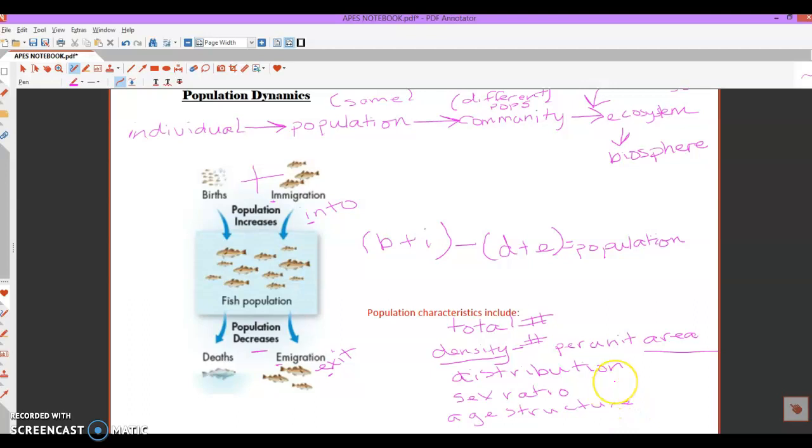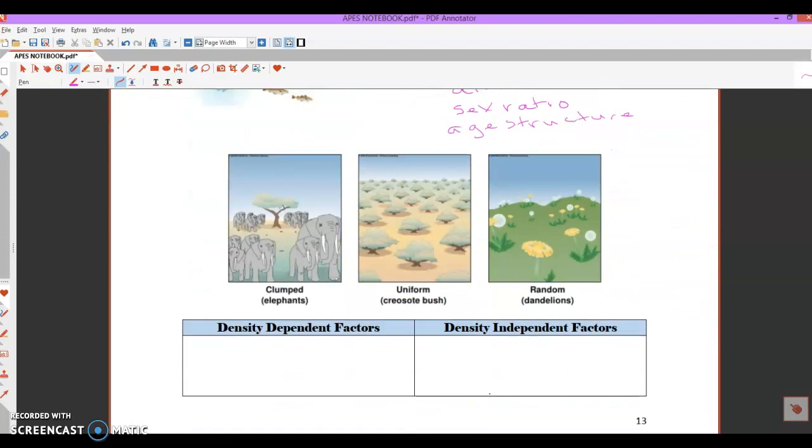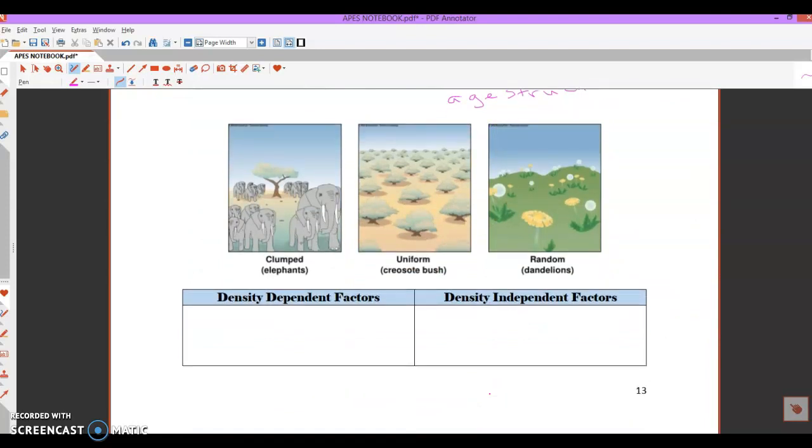Okay, so the first thing we're going to look at is population distribution. So that is what these images down here are referring to. So over here on the side, I'm going to write down population distribution. There are 3 patterns that we look at.